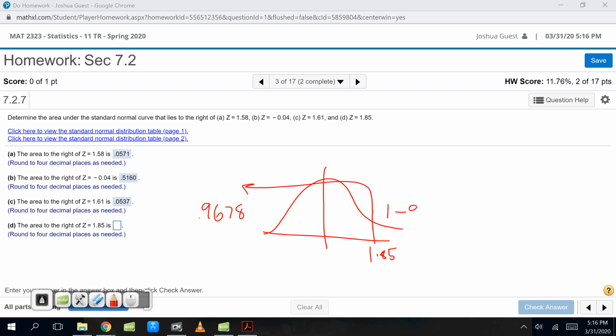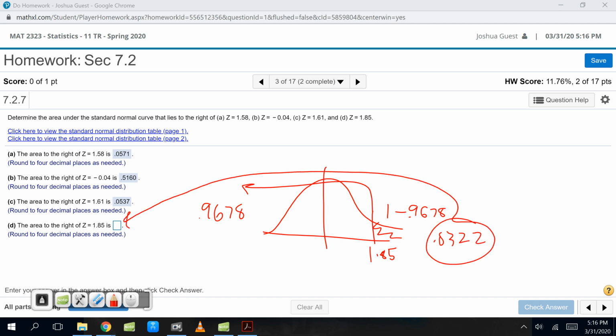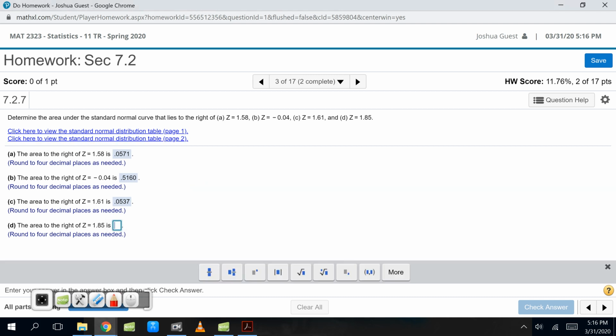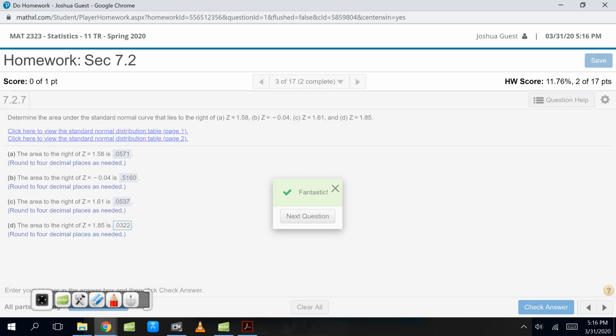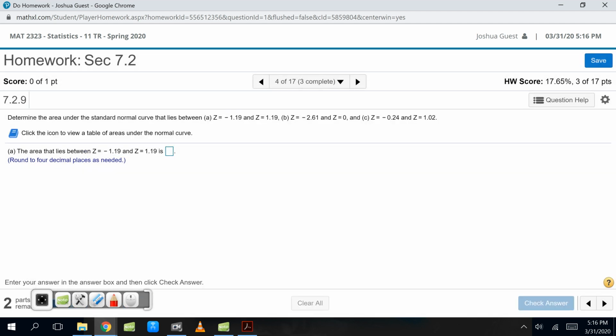So it's going to be 1 minus 0.9678 for the right side over here, and that's going to be 0.0322, I think. That number is what goes in right here. So let's try that out. 0.0322. And fantastic. Next question.